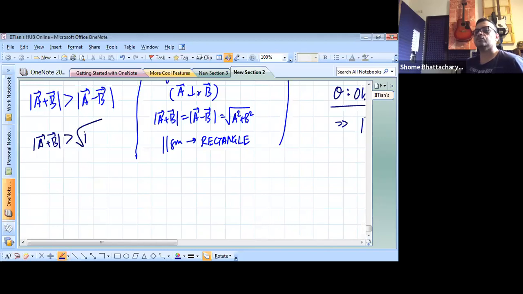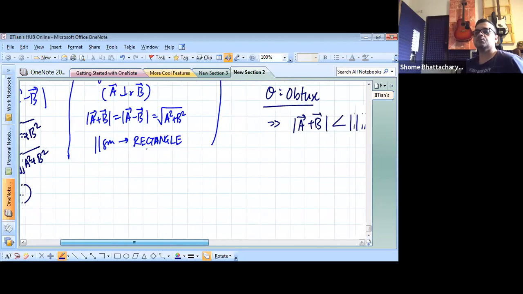Whereas magnitude of A minus B becomes less than root of A square plus B square. Along with this, you also have these two because cos theta is a positive quantity. If you apply it in the formula of the triangle law, you'll understand why this happens. Whereas here, both of them are equal, so they're equal to root of A square plus B square.